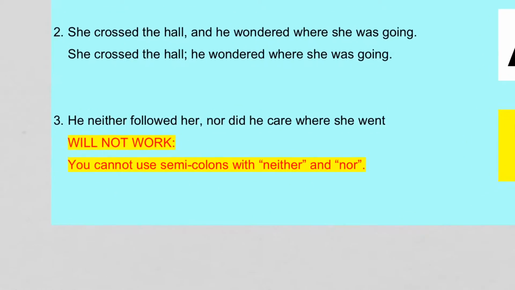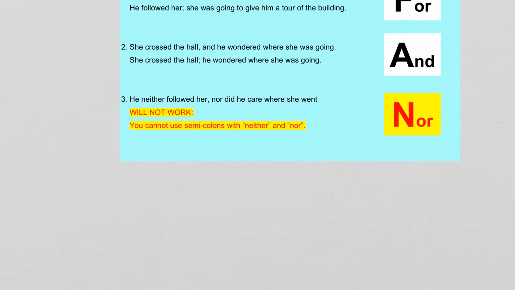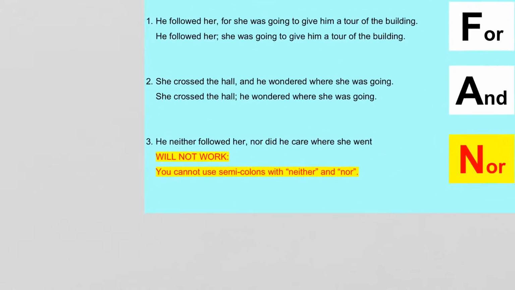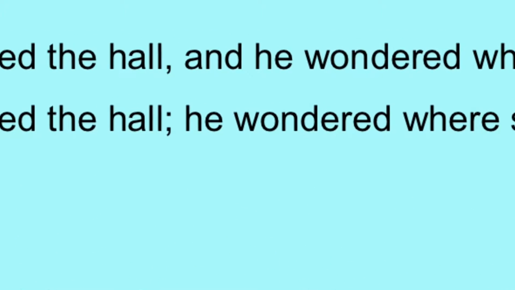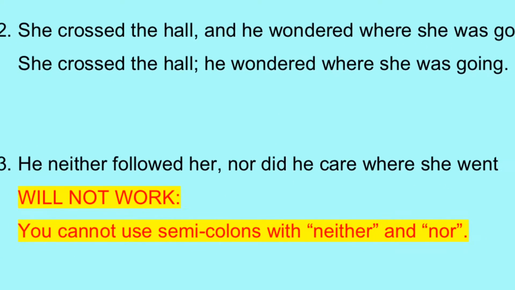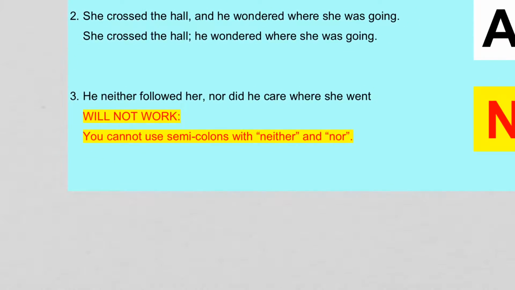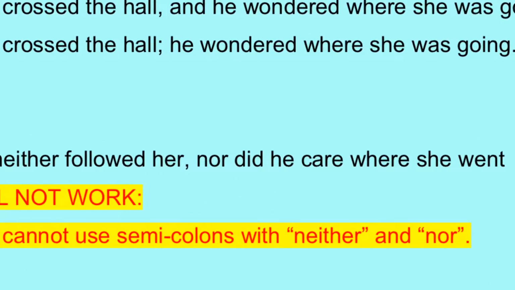Example 2. She crossed the hall and he wondered where she was going. You notice here we have the conjunction and, and you always put a comma in front of a coordinating conjunction. Notice how there's a comma before and. So instead of saying she crossed the hall and he wondered where she was going, we could say she crossed the hall, semicolon, he wondered where she was going.